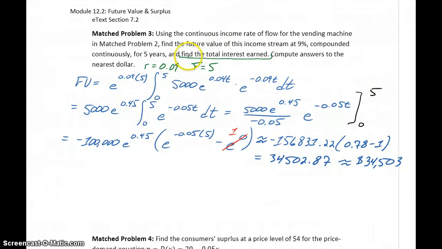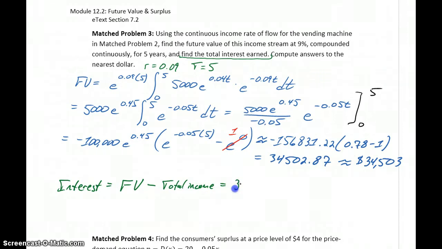We didn't work that. We worked match problem 2, which changed the information, the time frame that we were looking at. But really, essentially, all we need to do in order to find the interest earned is take the future value minus the total income from that continuous income stream.